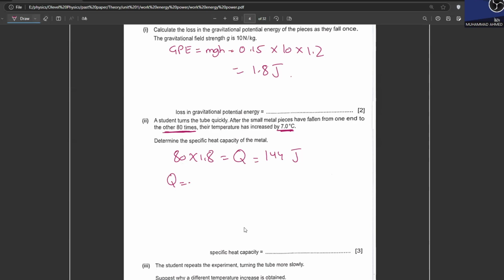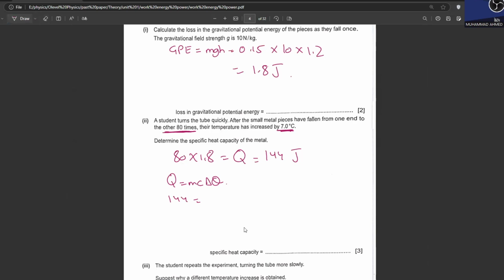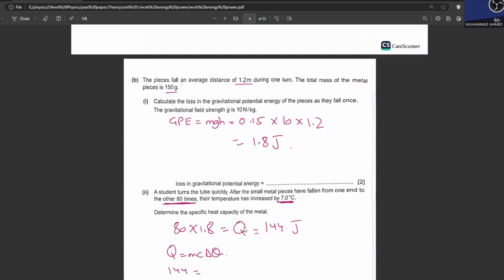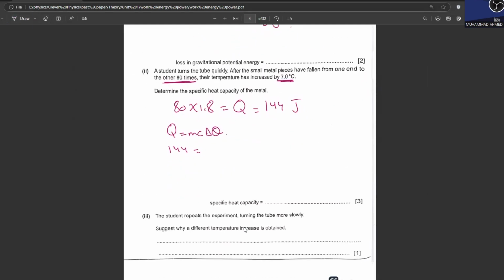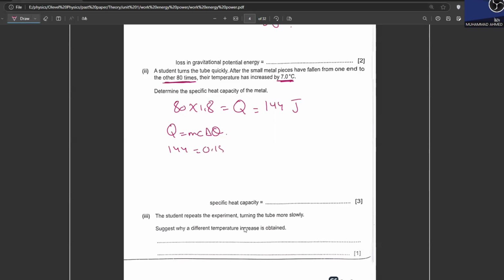So we know Q equals mc delta theta. Q is 144. What is your mass? Your mass, I guess, was 0.15. Let me check. Yeah, it is 150 grams, so it will become 0.15 kg. So let's place it here, 0.15 kg. Your change in temperature is 7.